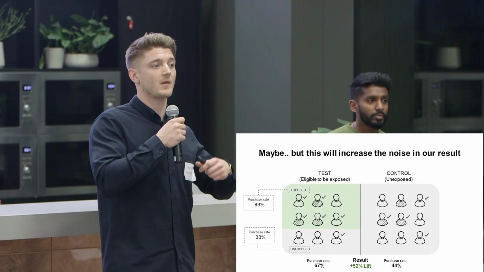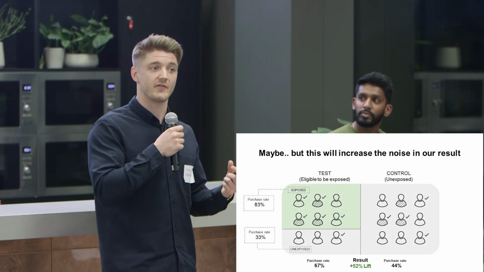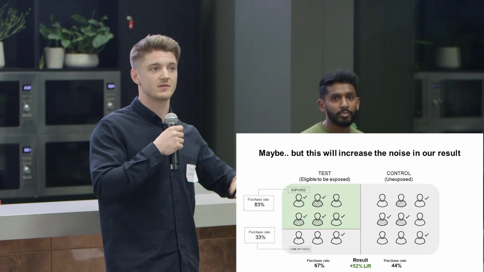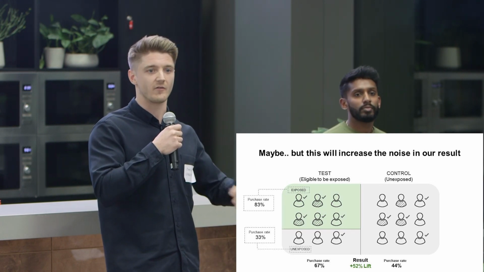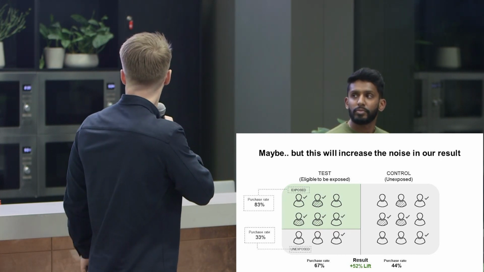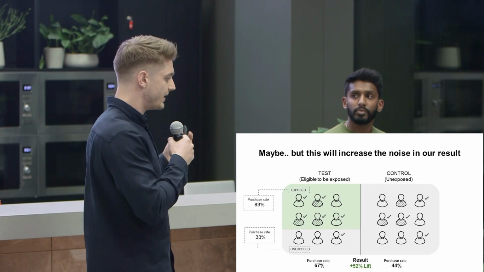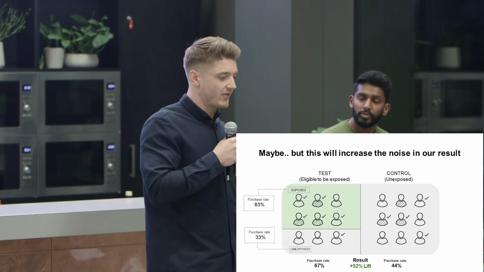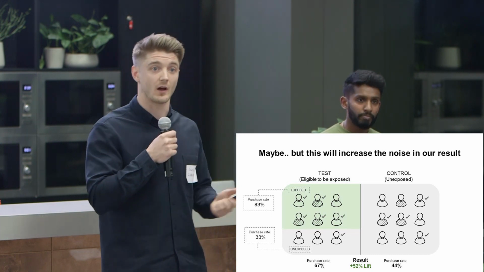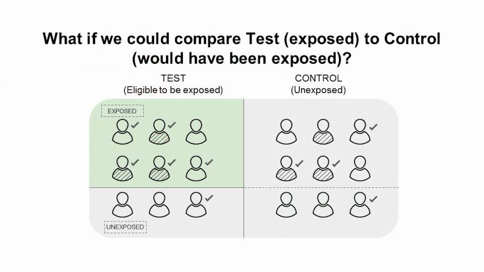So this will make it harder for us to detect an effect of our ads, especially if this group is quite large. And the size of this group will vary depending on the amount of media spend that we have. It also means that if we do detect an effect, this might not be an accurate estimate of the true causal effect that our ads are having.